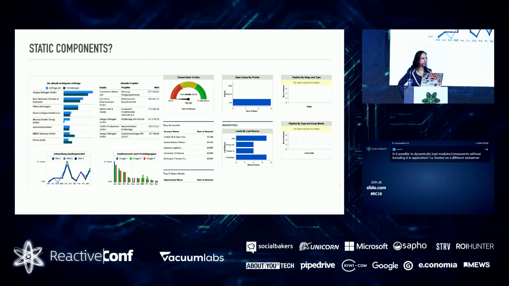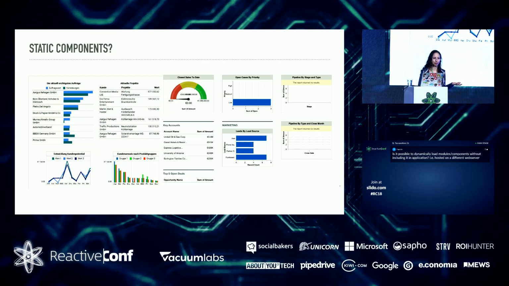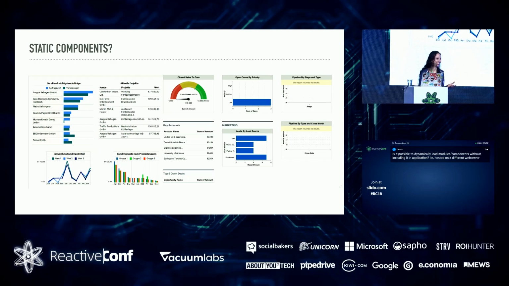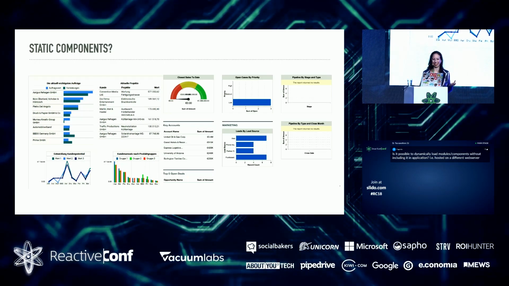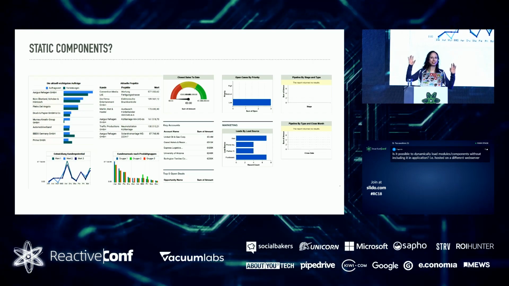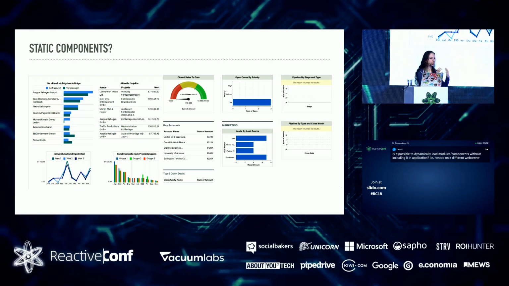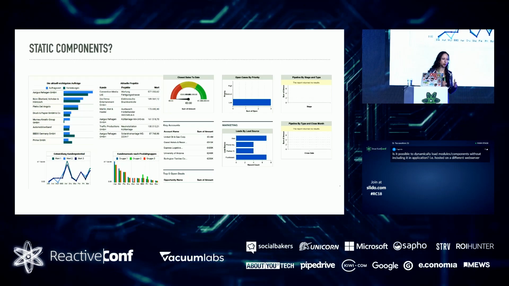So let's say that you're developing a dashboard, right? Who hasn't been working on a dashboard? This is a very common use case with web applications. So you have lots of different types of components, and your users decide what components they want to use.